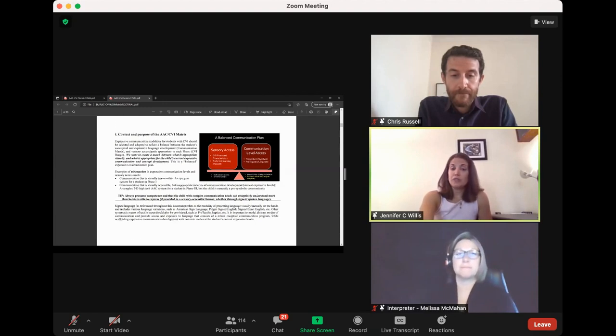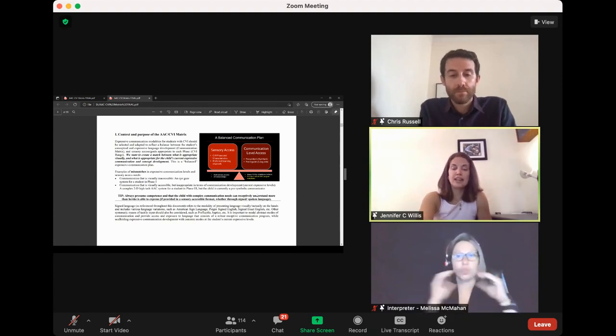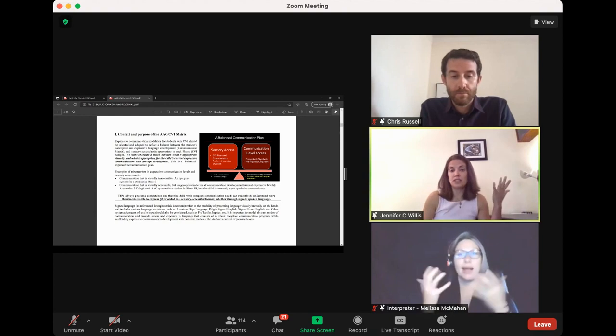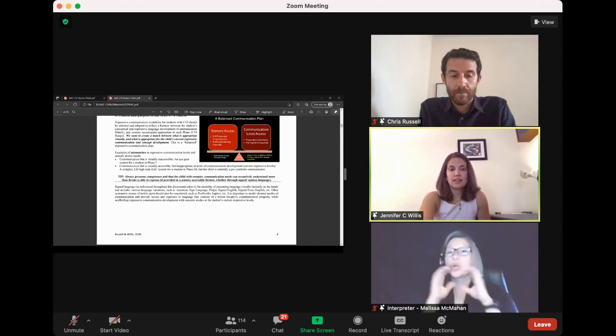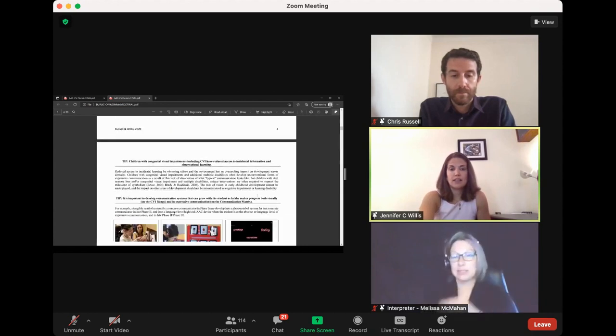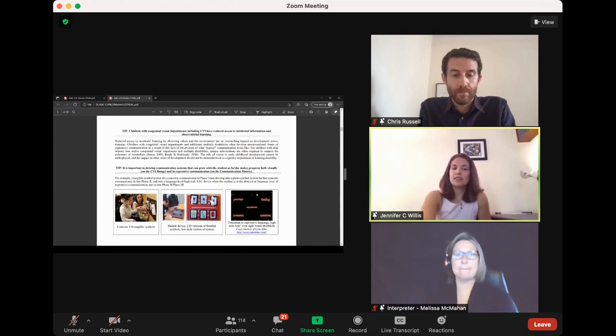Again, this is covering what we've just recently talked about, why we created this matrix, that we're looking to create a balanced communication plan that matches both a child's or student's sensory access with their current communication level access. And our hope is that we can create a system that's going to grow with a student.